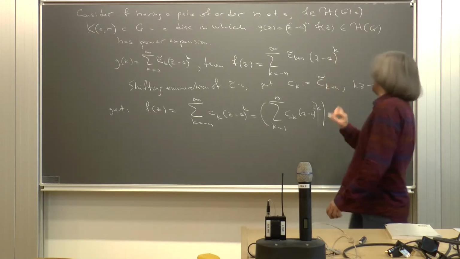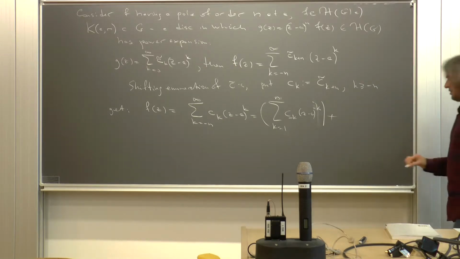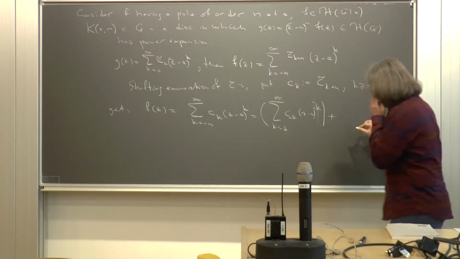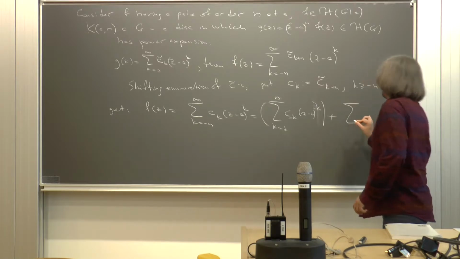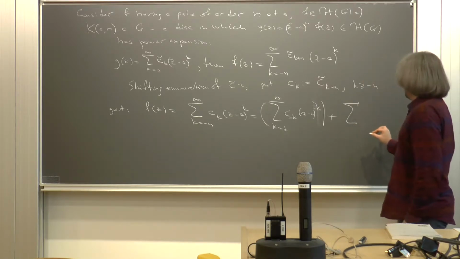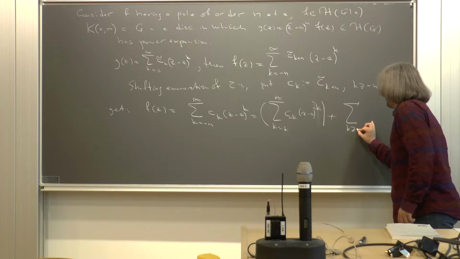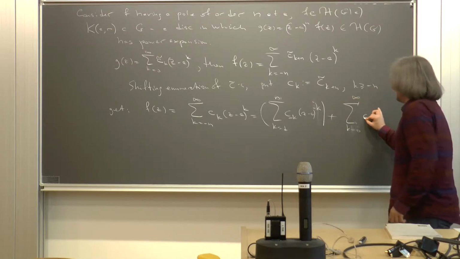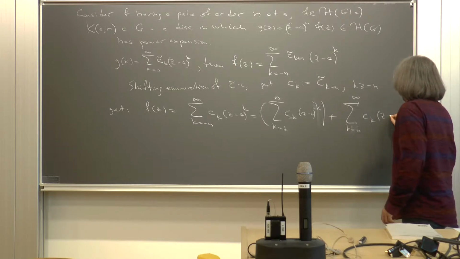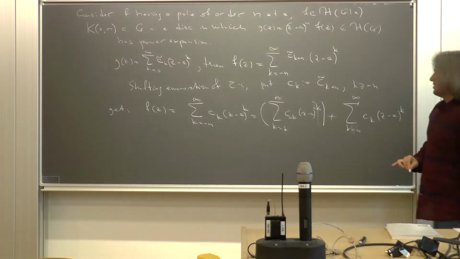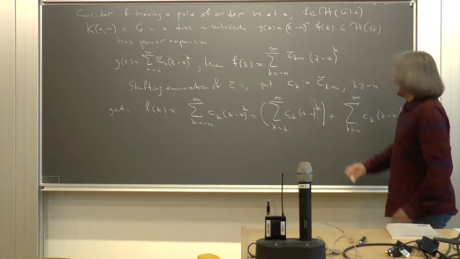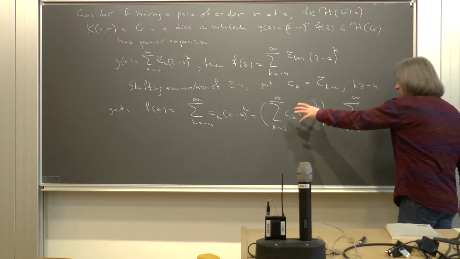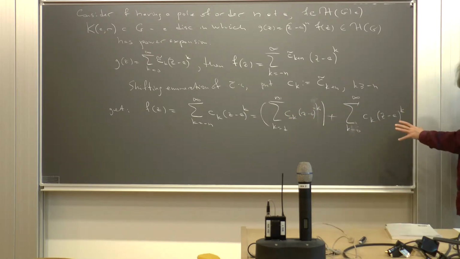It's the same sum. Plus the usual expansion, k equals 0 to infinity, c k, z minus a to the k. Notice that here the exponents are all negative, and this part has positive exponents.